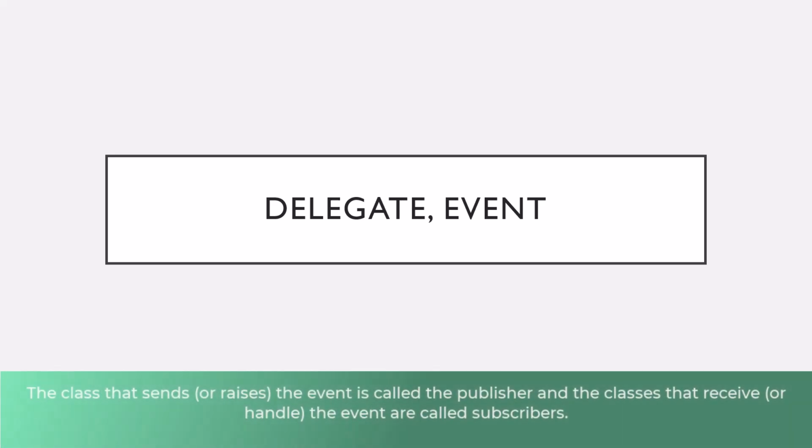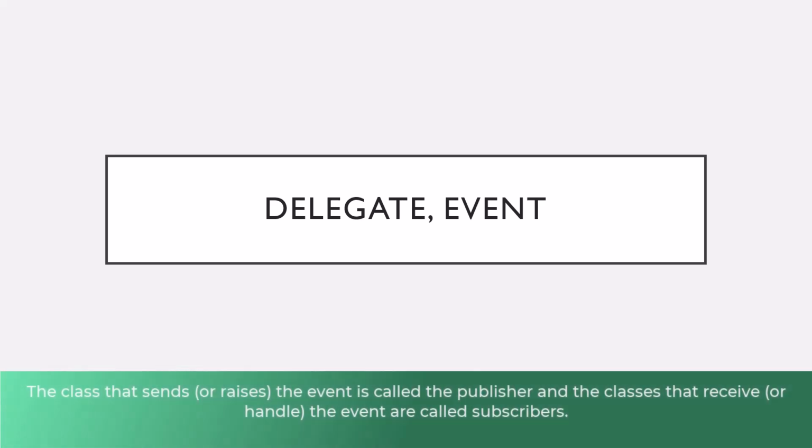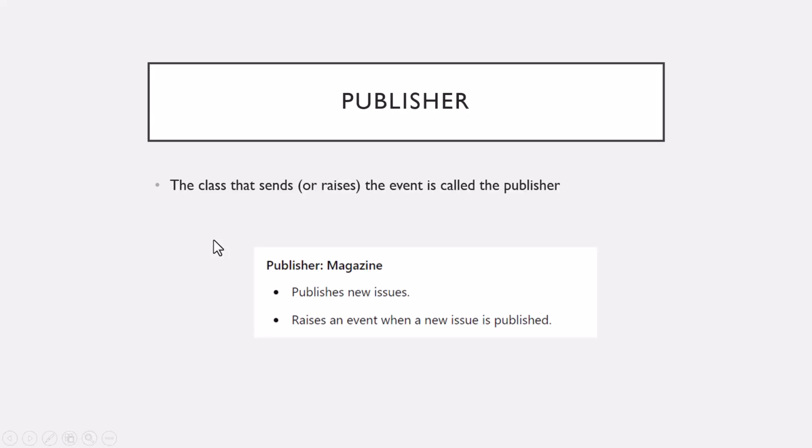For example, the class that sends the event is called the publisher, and the class that receives the event is called the subscriber. So let's see one example now. Here you can see that this is a publisher. Publisher means the class that sends or raises the event.